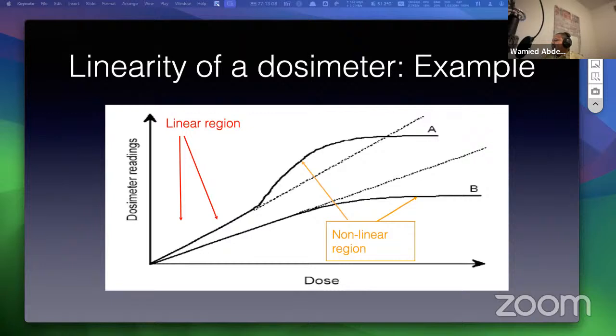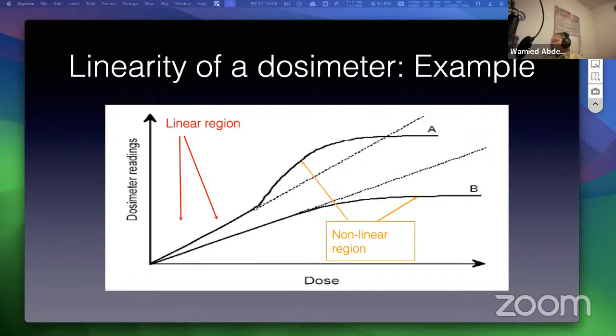If we are in a linear region where the dosimeter is linear, then if we want to get a calibration factor for this dosimeter, we only need one point in this slide. We need a signal and we need to know the dose.